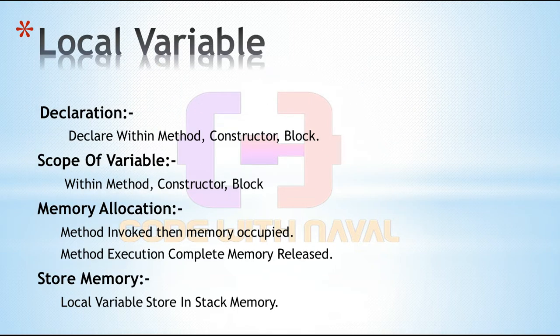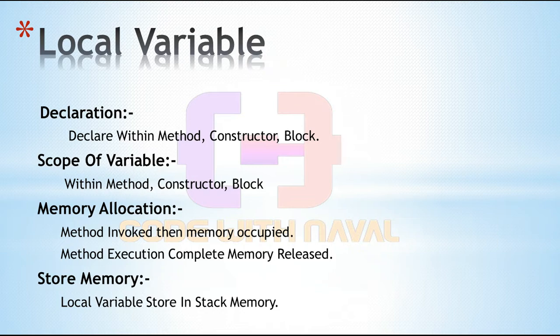First, understand what a local variable is: where we can define it, its scope, memory allocation and where it is stored. We can declare a local variable inside a method, inside a constructor, or inside a static or instance block. What is the scope, or where can we use that local variable? If we declare it in one particular method, we can use that variable only inside that method, constructor or block.